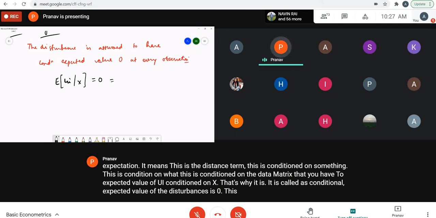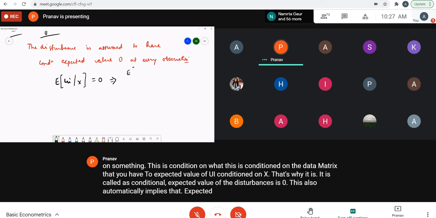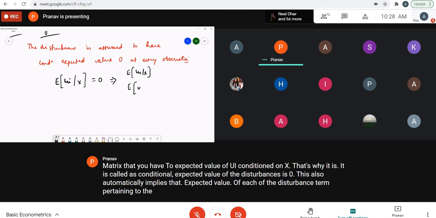This also automatically implies that the expected value of each of the disturbance terms pertaining to each observation is equal to 0.